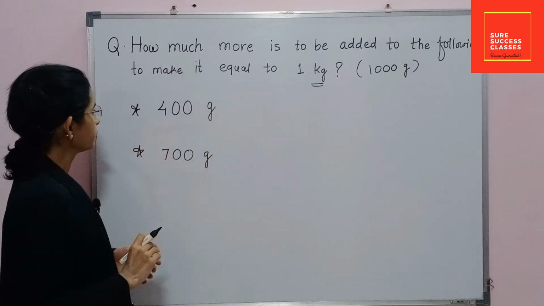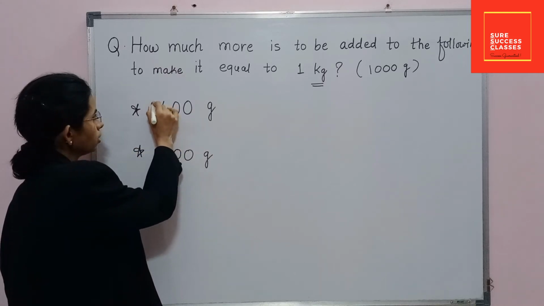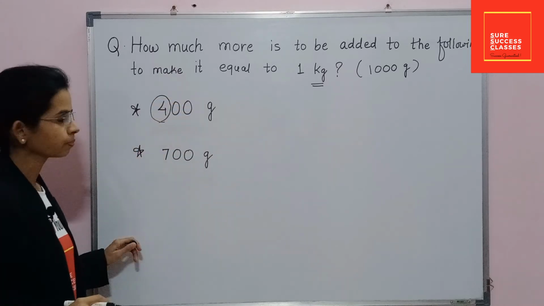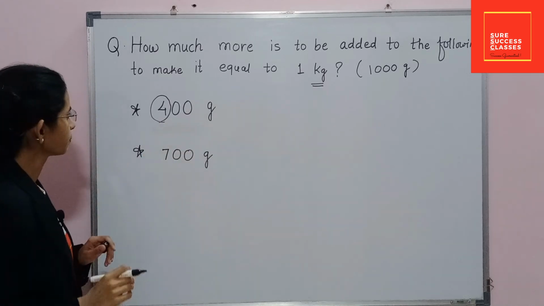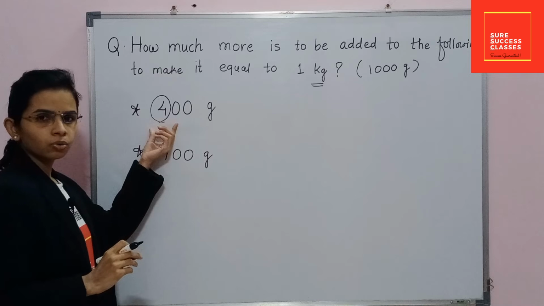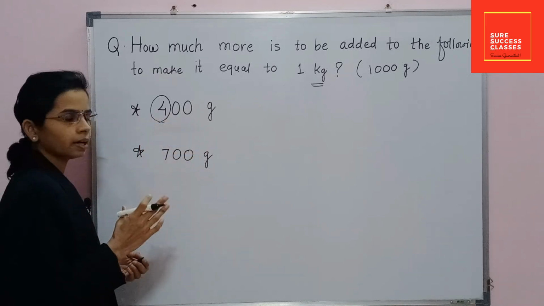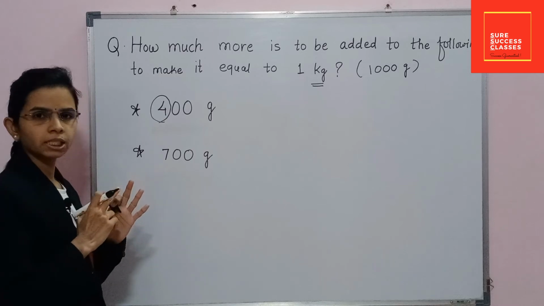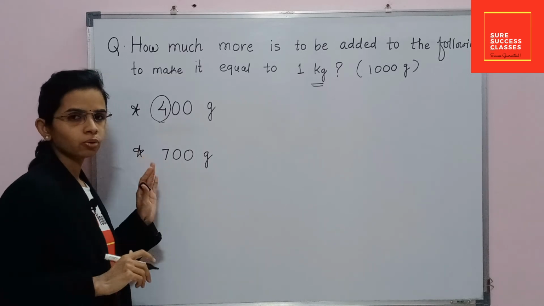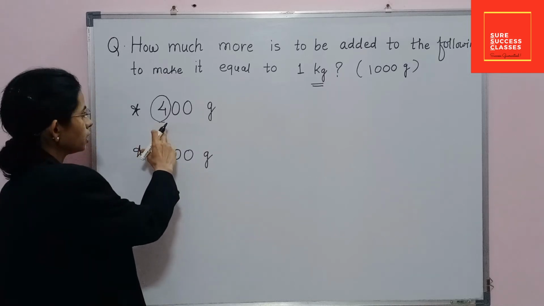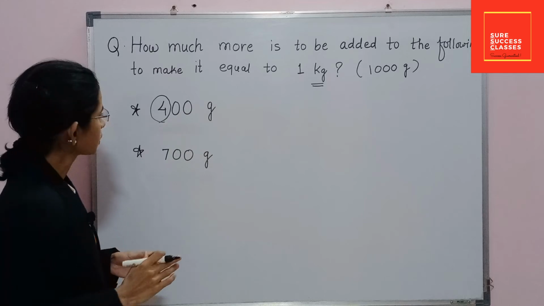So let's start. Here, concentrate only on this first digit and keep these zeros aside as they are. And if we count from 4 onwards, then we have to add 5, 6, 7, 8, 9 and 10. Means we have to add 6 to this number so that it will convert into 10.